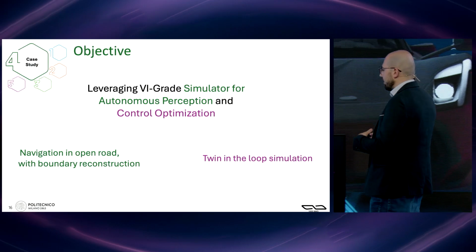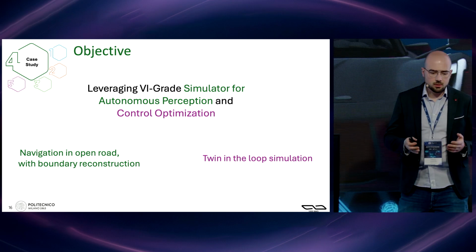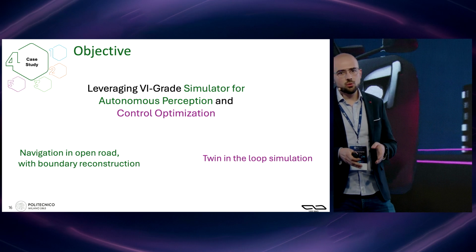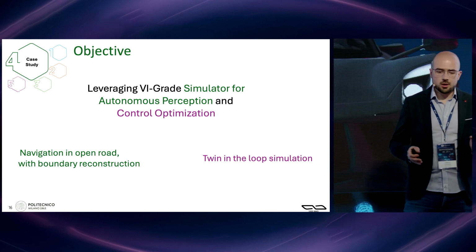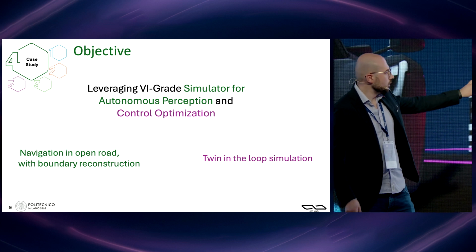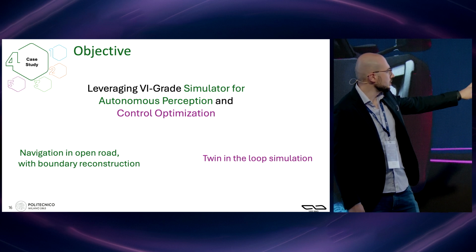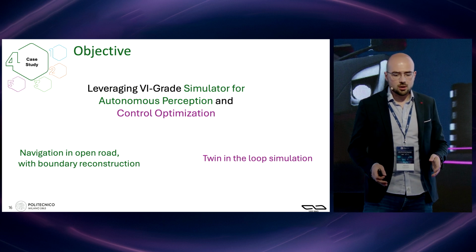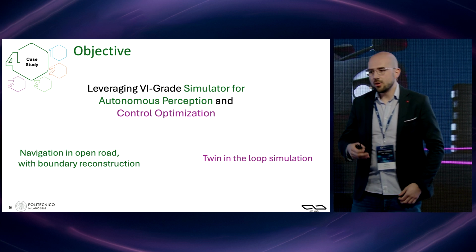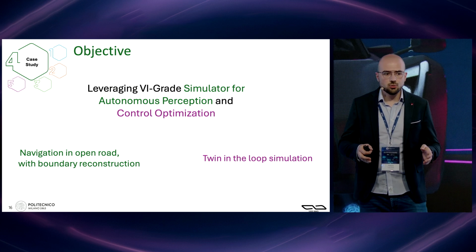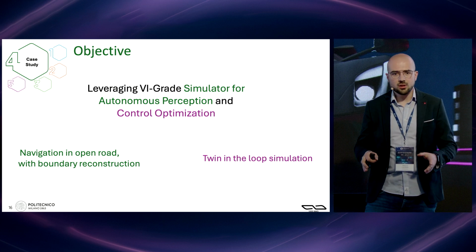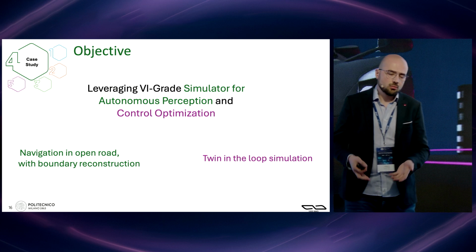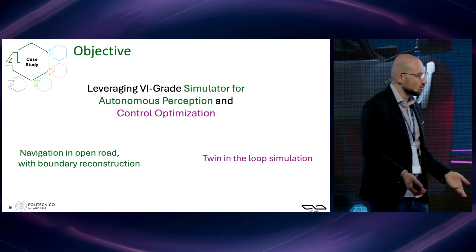But this is a very big introduction to give you now the focus on the topics of today's presentation. I want to show you the first one. It is the navigation on open roads. So how we can, using the simulator, empower the navigation of this car using the region of the street that can be used by the car, of course, so the street itself.